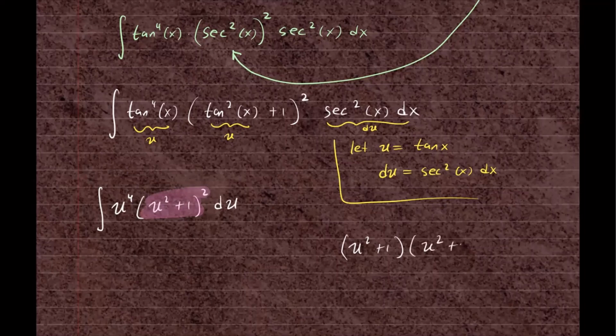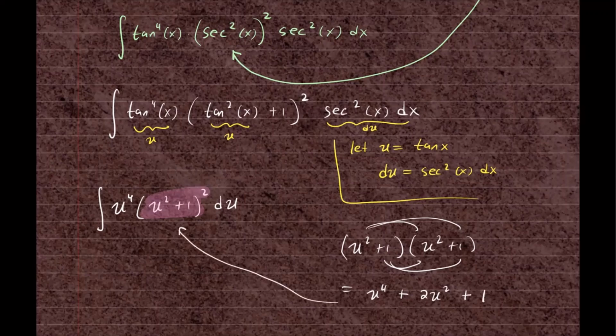So this is u squared plus 1 times u squared plus 1. We're going to distribute. This would give you u squared times u squared, that would be u to the fourth, plus u squared times 1, and then u squared times 1, that's 2u squared, plus 1 times 1, that will just be 1.